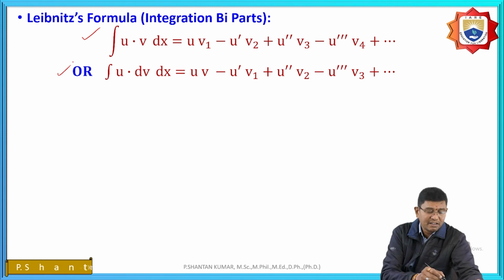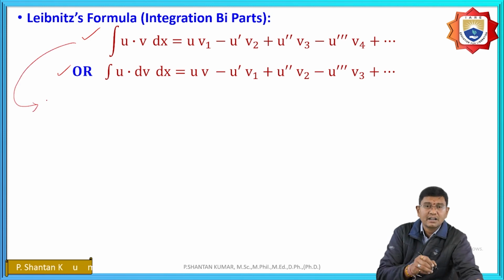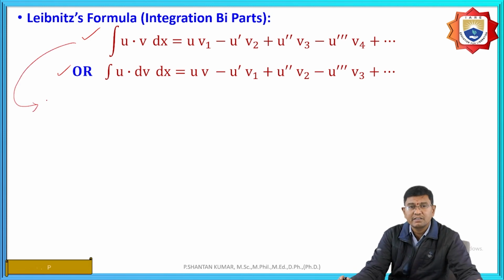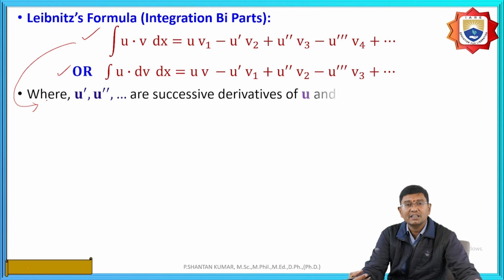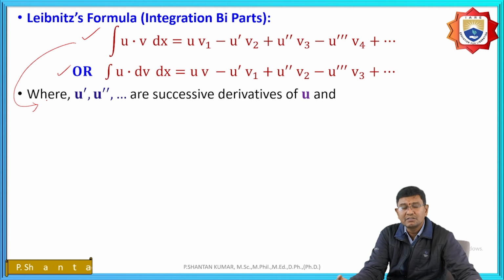Generally here we use the integration of uv. The second is also no problem: we consider integrating by parts, the Leibniz formula. And what is the meaning of u dash, u double dash? They are derivatives: u dash is the first derivative, u double dash is the second derivative, and so on.